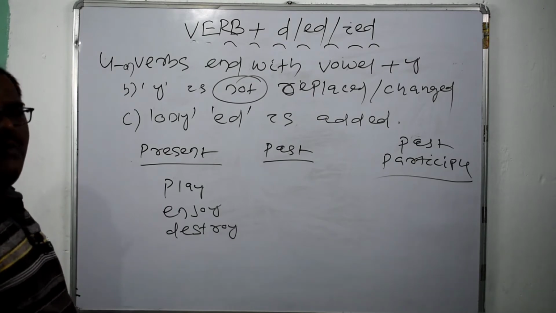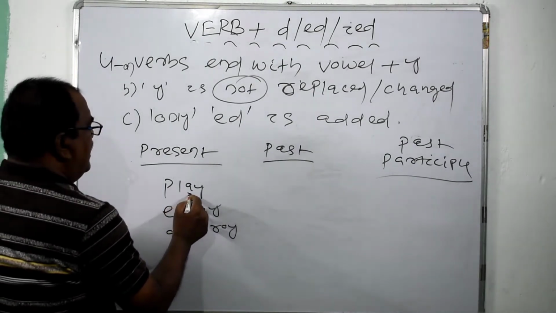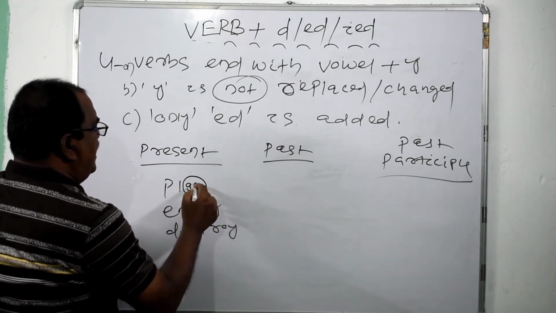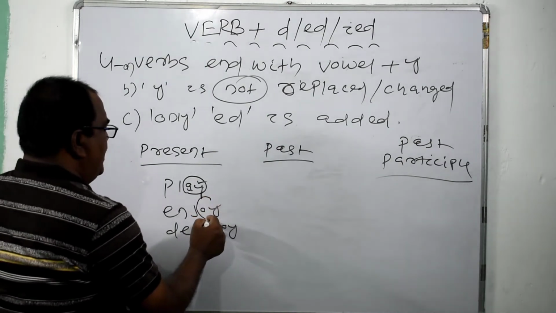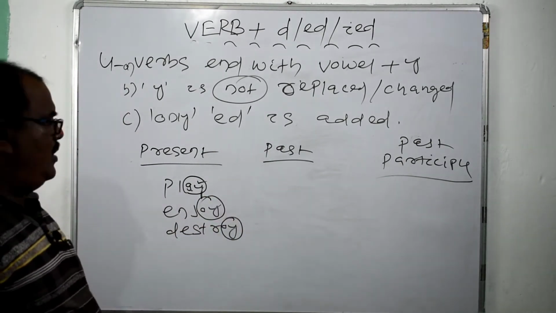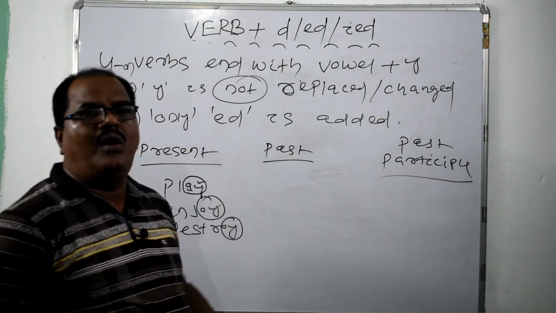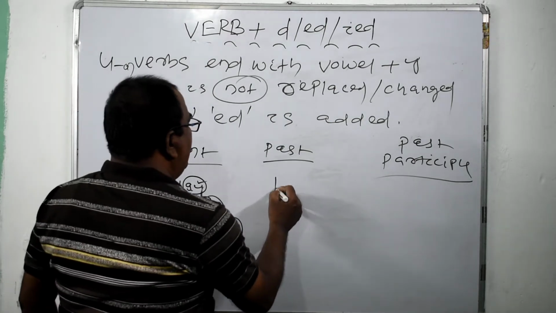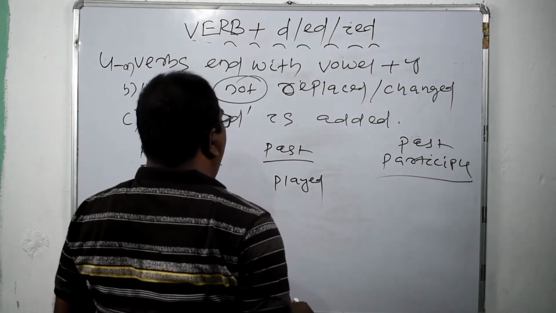Look at the verbs. Each of these verbs ends with a vowel and y. Vowel and y. So, in order to make their past and past participle forms, only ed is added to the first form.